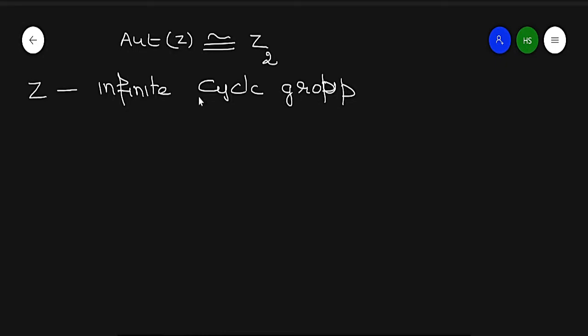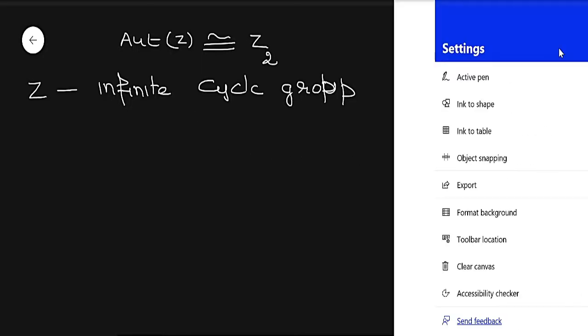Now, if we have a cyclic group of finite order, we already did a question. Now, the next question is, now this is in GNDU 2014 and many other years.